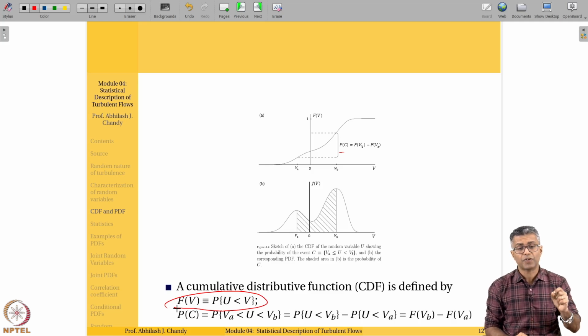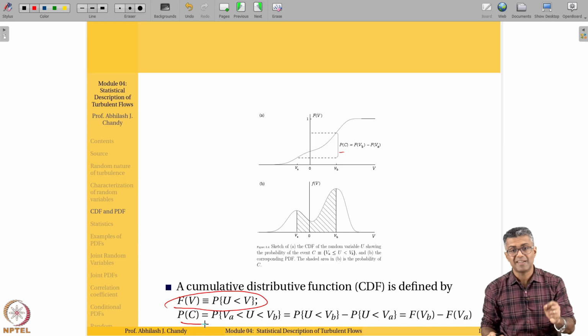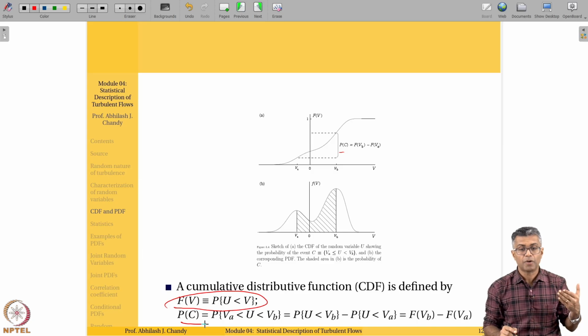The probability of an event C is the probability that u stays between VA and VB. Now, if I do the CDF, the cumulative distribution function, P being between VA and VB.